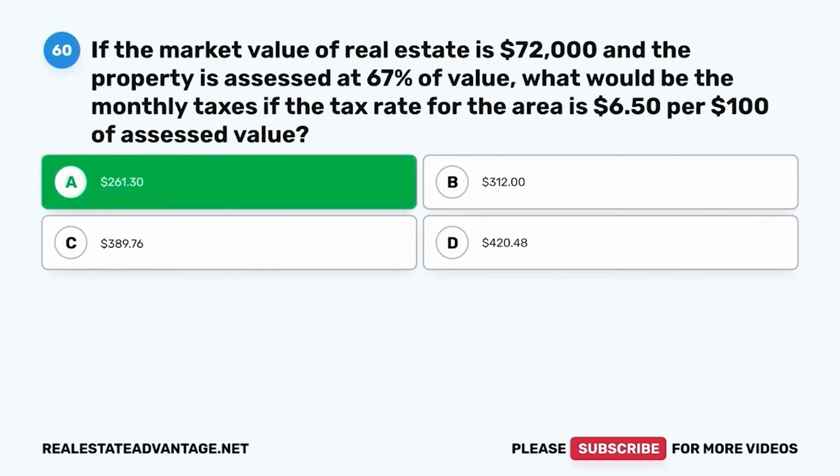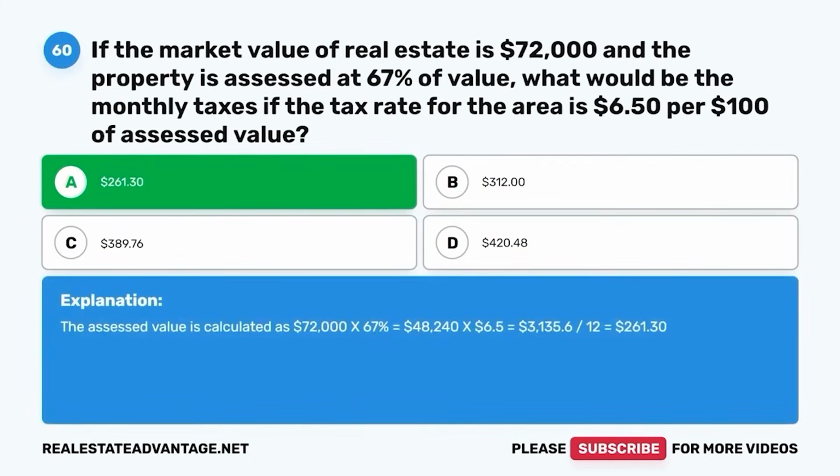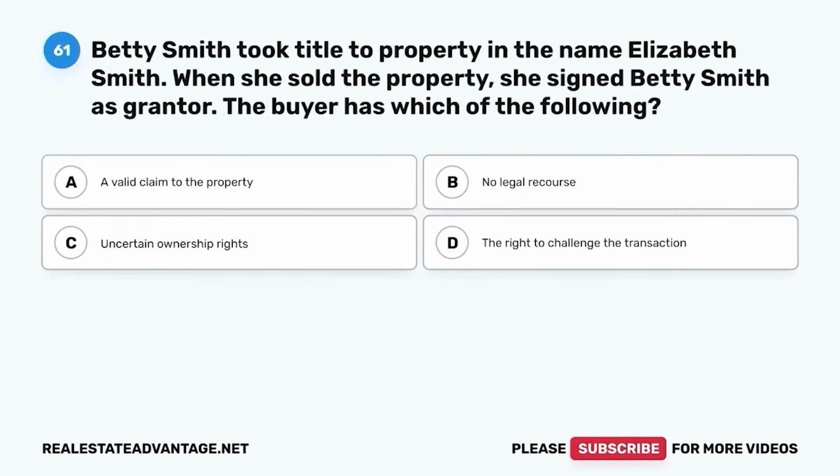The correct answer is A. $261.30. The assessed value is calculated as $72,000 times 67% equals $48,240. $48,240 divided by 100 is 482.4, times $6.5 equals $3,135.6, divided by 12 equals $261.30.